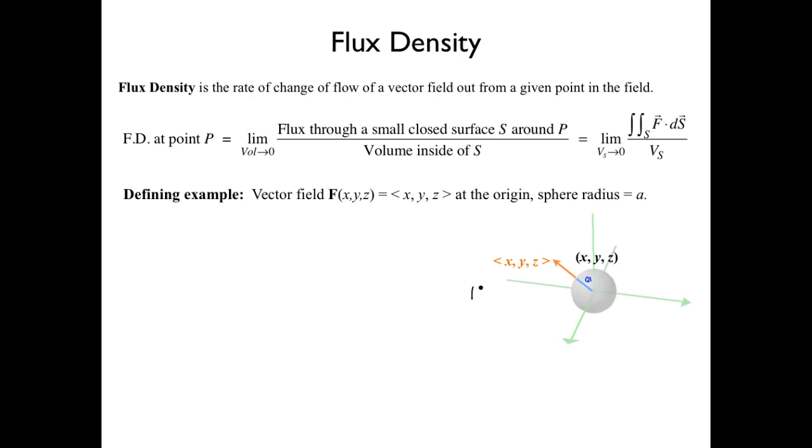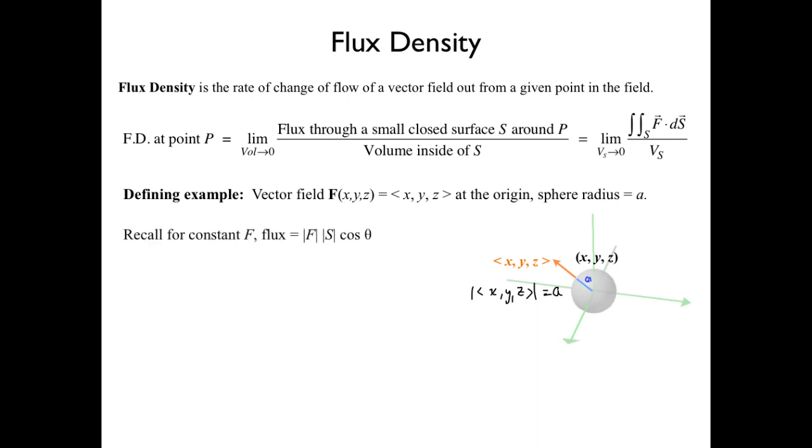The magnitude of xyz, if it's a vector on the sphere of radius a, is a. So in terms of magnitude, that's constant for all points on the sphere. The direction changes, but all those vectors for any sphere of radius a are going to have magnitude a.